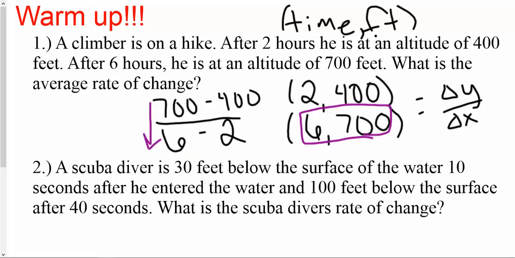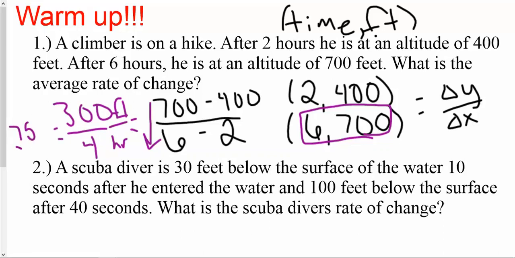I can't just do 700 first for the y value and then 2 first for the x value. That wouldn't work out. But we subtract here and we get 300 over 4, which really means 300 feet over 4 hours. We want to simplify that down. So I know I can make this 75 feet per hour. So this is 75 feet per hour, and that is our final answer here. That's the rate of change for our first one.